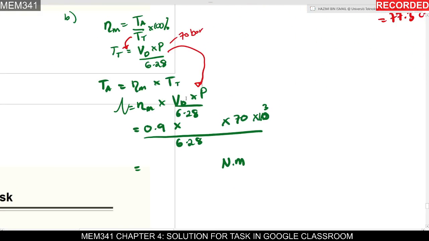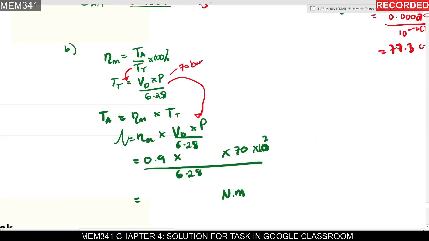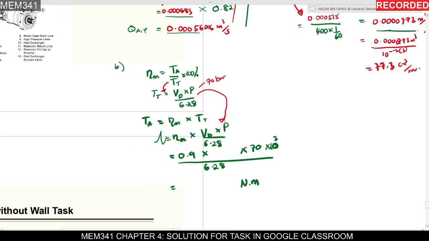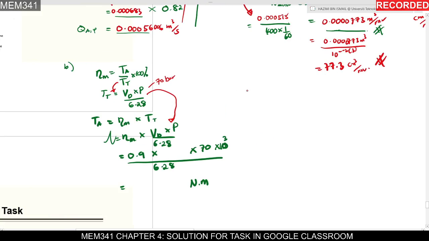Okay, so VD here comes from the value that you have calculated in A. So I put 77.3 centimeter cube times 10 to the power of minus 6, times 70. Pressure is 70 bar.